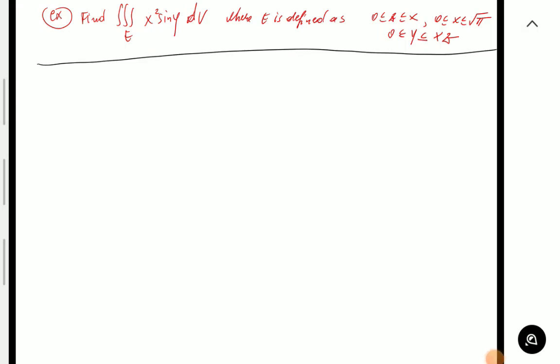Okay, here's an example. I forgot to change the color before I wrote it, but it should be fine. So here's a version of the problems you can encounter. Let's say I want to compute the triple integral of the function x squared sine of y. And the domain is defined by three ranges for x, y, and z.